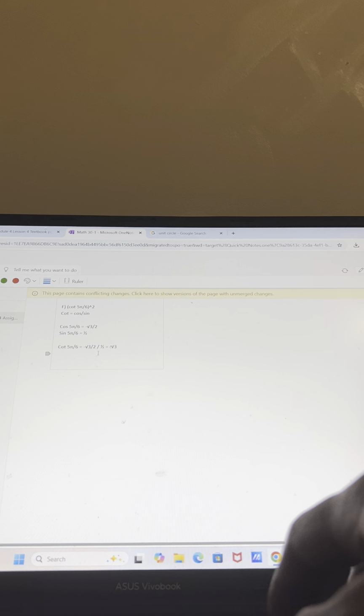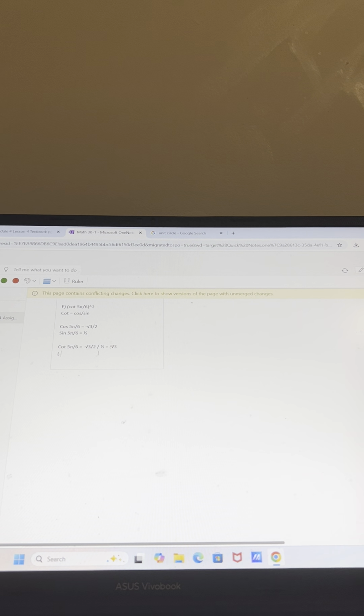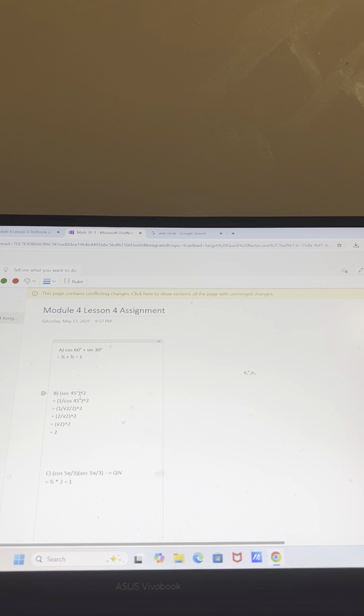And now that we square this, negative square root of 3 squared, we're going to get 3. That's it for F, and that concludes our lesson.